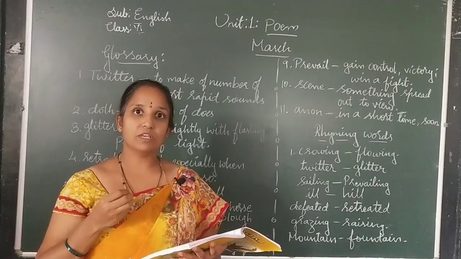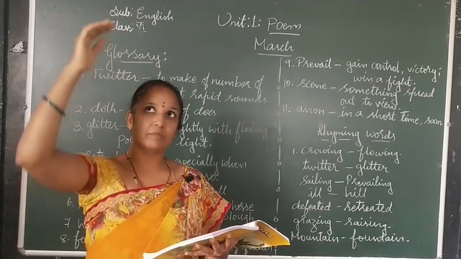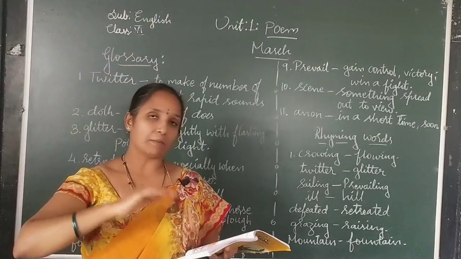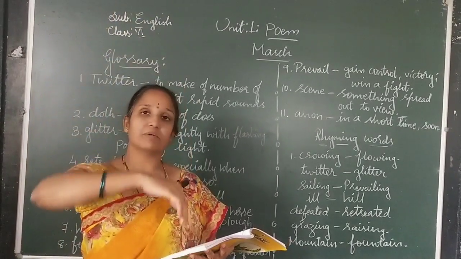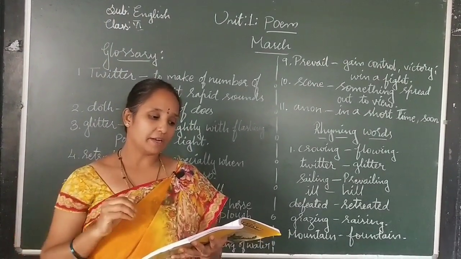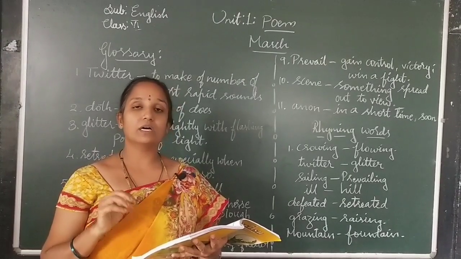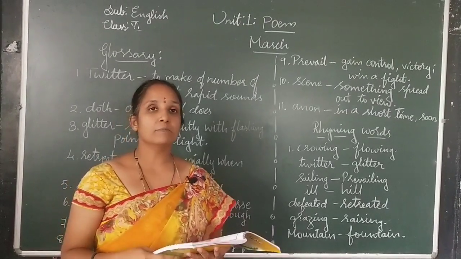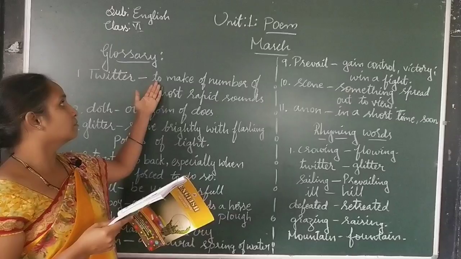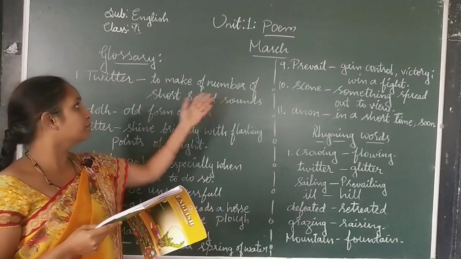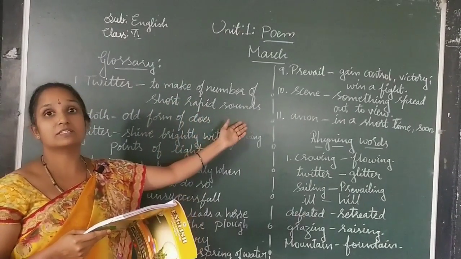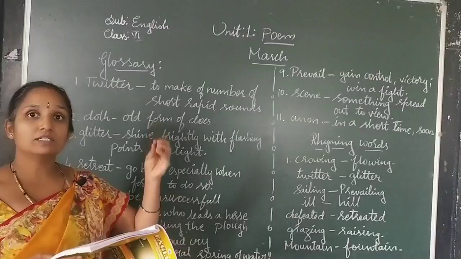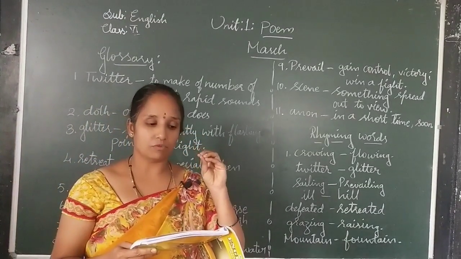The stream is flowing means the water flows down from the mountain. And the small birds twitter. Twitter means to make a number of short rapid sounds. The birds make a sound.